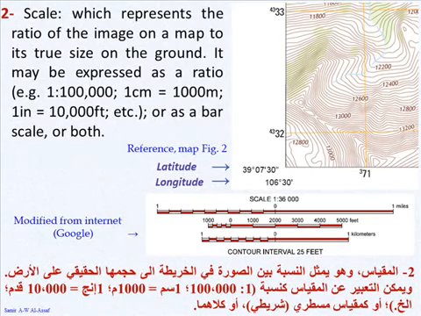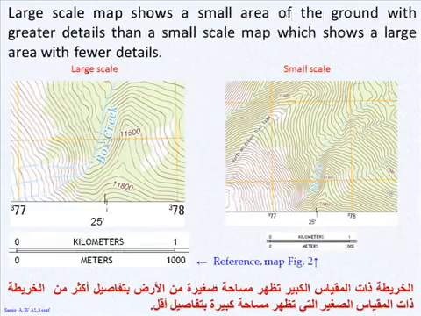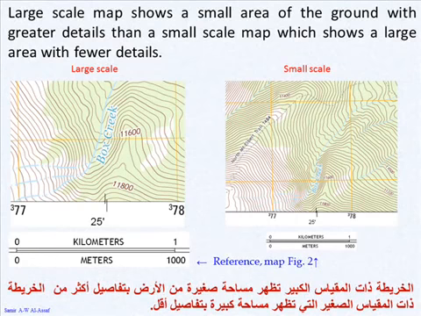It may be expressed as a ratio, for example, 1 to 100,000, 1 centimeter equals 1,000 meters, 1 inch equals 10,000 feet, etc., or as a bar scale, or both. A large scale map shows a small area of the ground with greater details than a small scale map which shows a large area with fewer details.